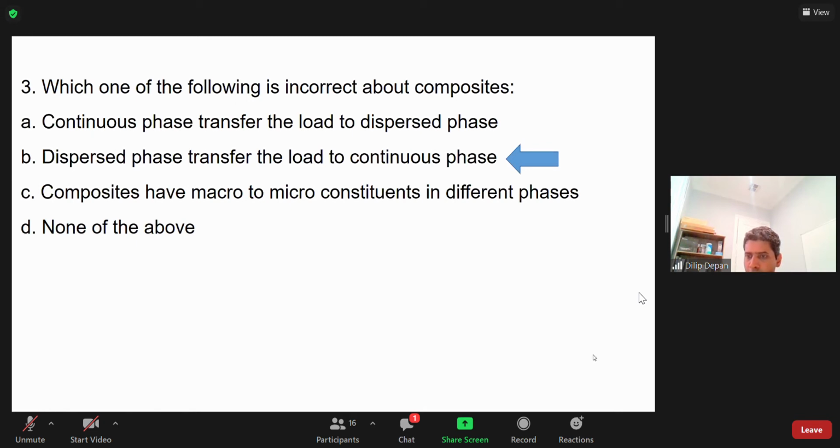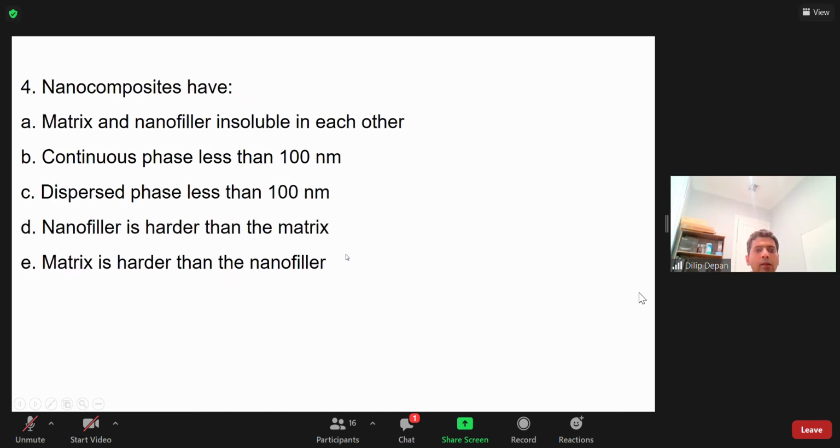All right. Next question for Logan. Nanocomposites have: matrix and nanofiller insoluble in each other, continuous phase less than 100 nanometer, dispersed phase less than 100 nanometer, nanofiller is harder than the matrix, or matrix is harder than the nanofiller.